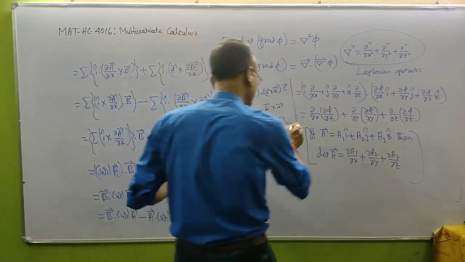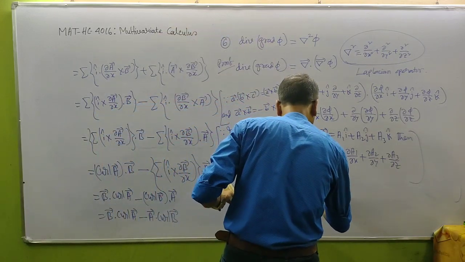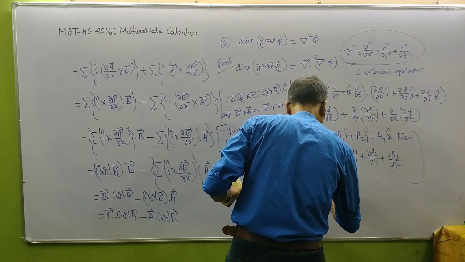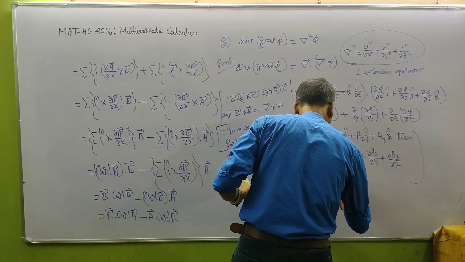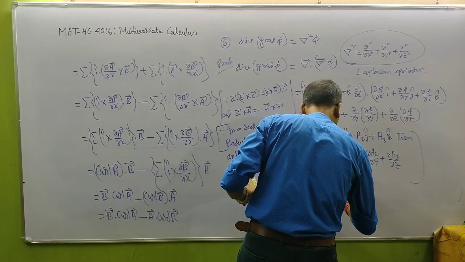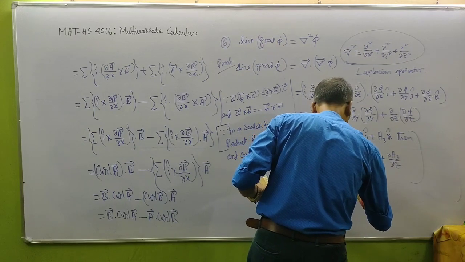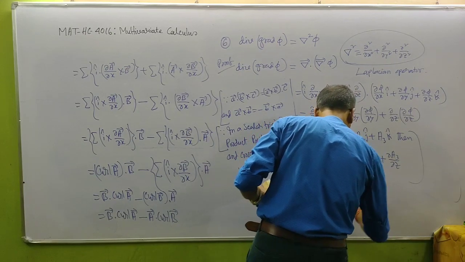Which is equal to delta square phi by delta x square plus delta square phi by delta y square plus delta square phi by delta z square.